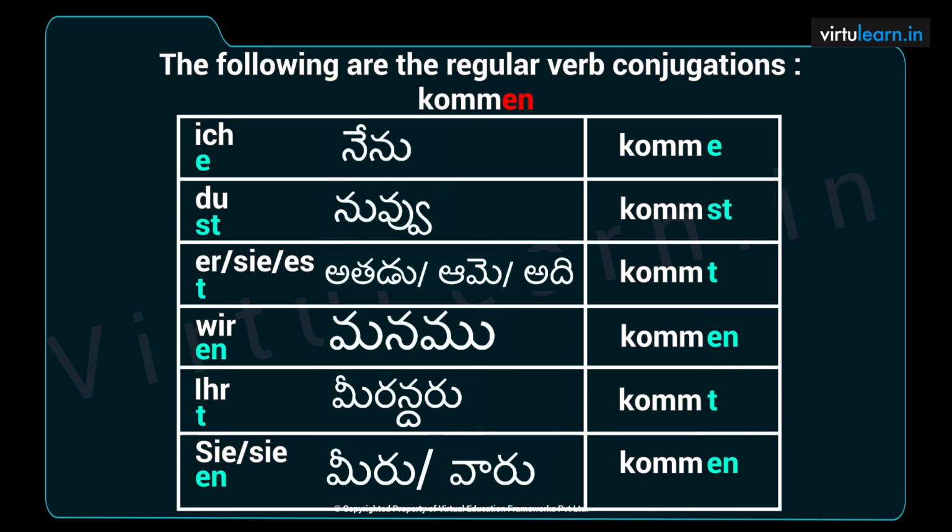The main verb is kommen. The same form is used for wir as well as sie, that is the plural forms.